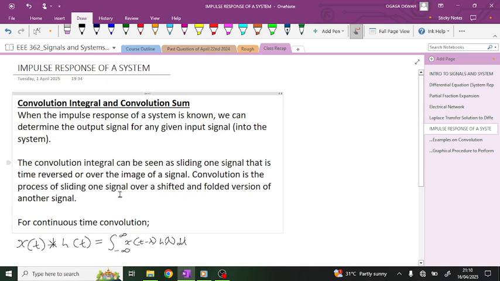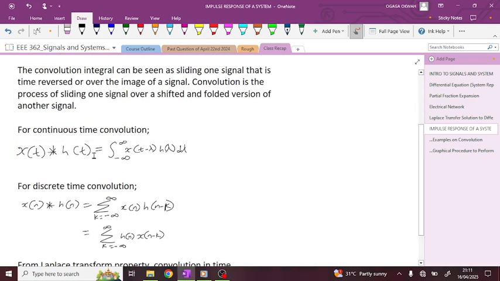Convolution is the process of sliding one signal over the shifted and folded version of another signal. For continuous time signals, this is the expression for it. We are going to work some examples with it, and that will help you get this expression in mind. For discrete time signals, this is the expression for it.